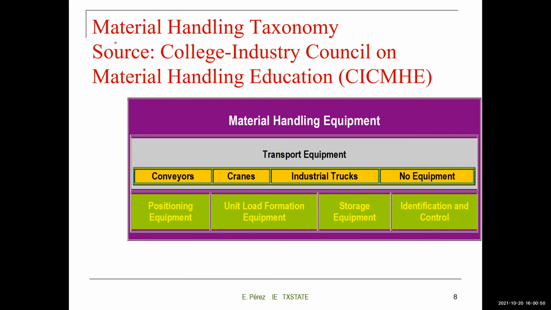So we have transport equipment, which includes conveyors, cranes, industrial trucks, or not equipment at all, which means that the person is going to be moving that from point A to point B. And between that, we have positioning equipment, unit load formation equipment, storage equipment, and identification and control.